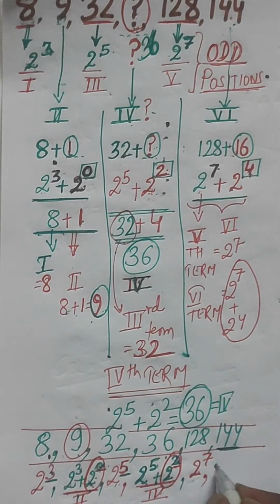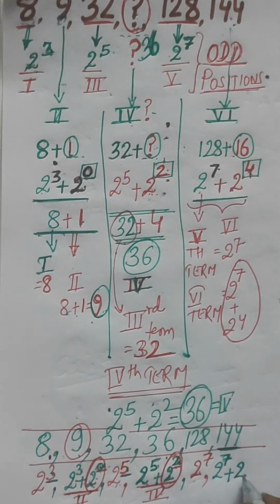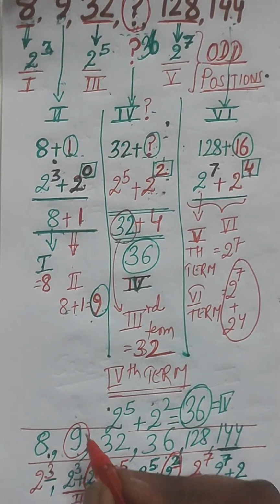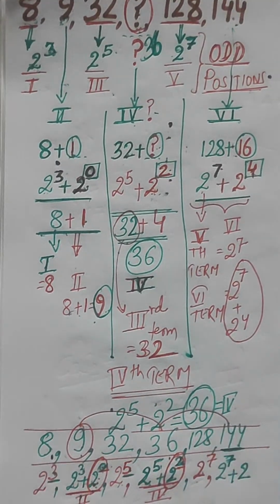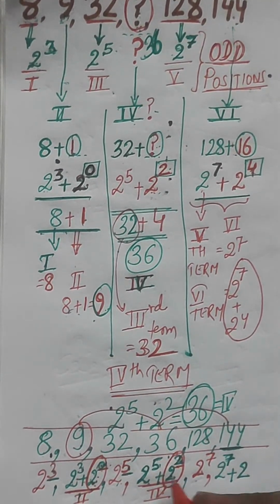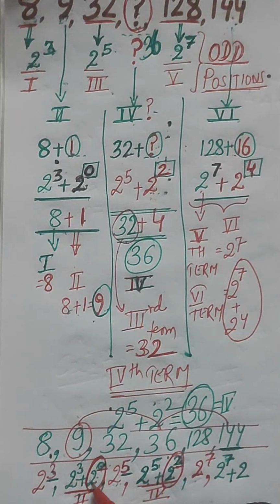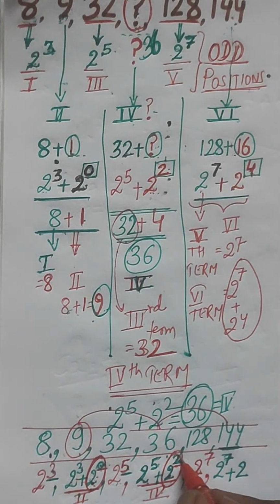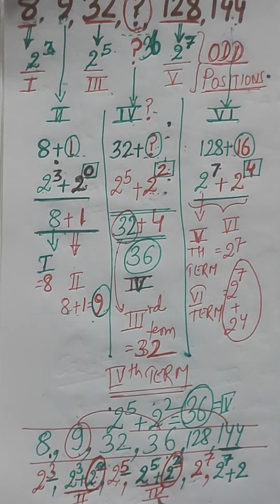The sixth term will be 2 power 7 plus 2 power something. What is that something? Here you can see for the second term, fourth term and sixth term, a special sequence is followed. 2 power 0 is added to the first term to get the second term. 2 square is added to the third term to get the fourth term, right?